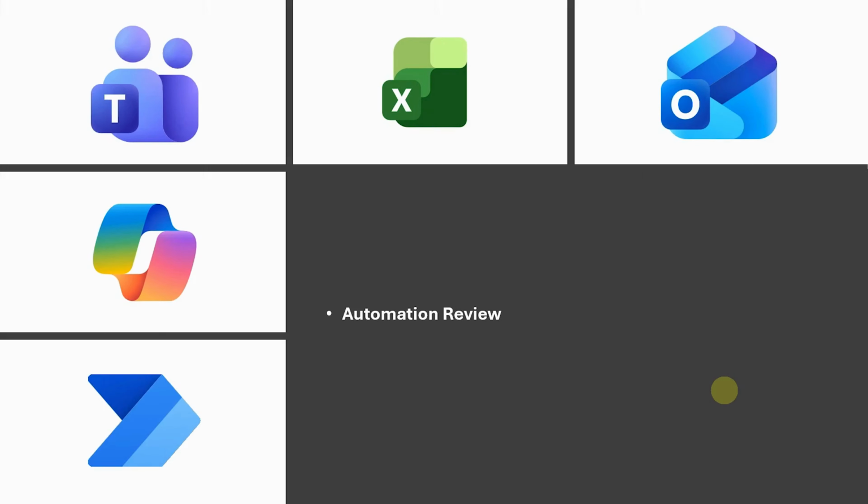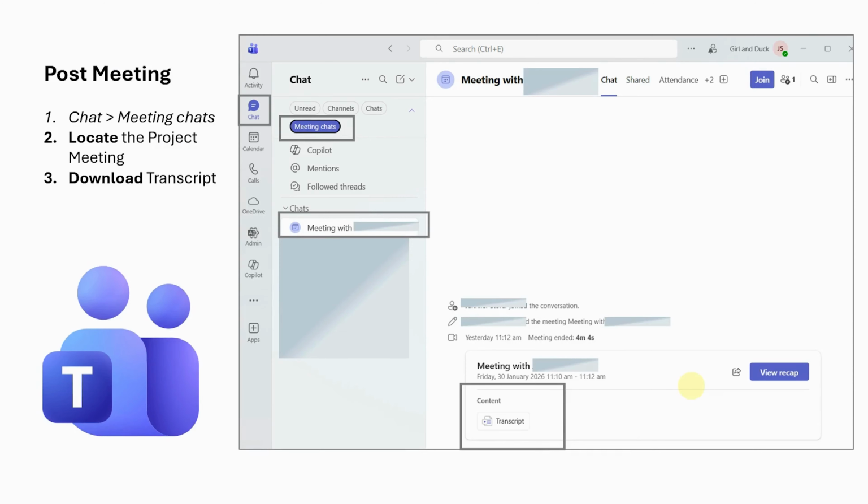So I'm glad you've made it this far if you're seeing this review. And let's review those steps that we took originally when we started what seems like quite a while ago. So first off, we examined our processes post our meeting on Teams.